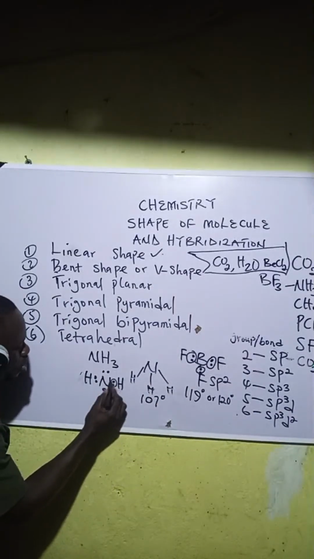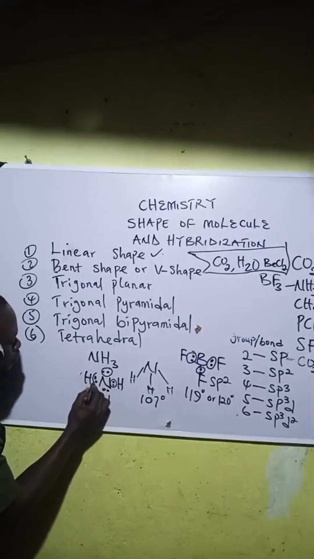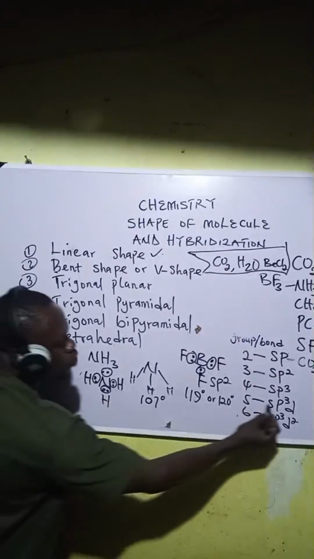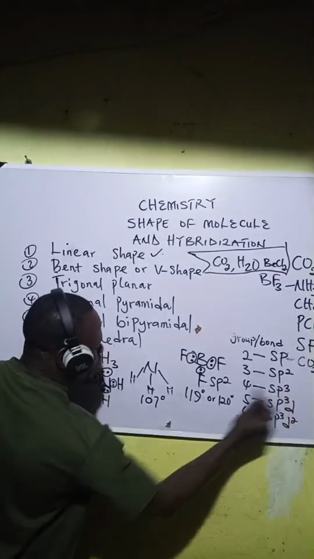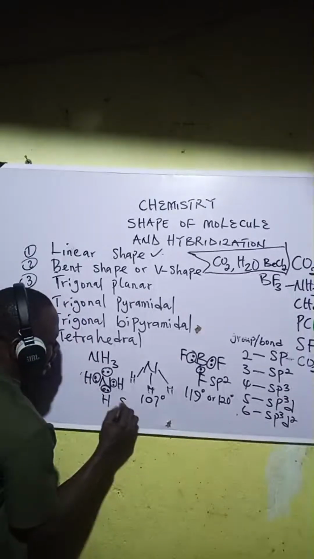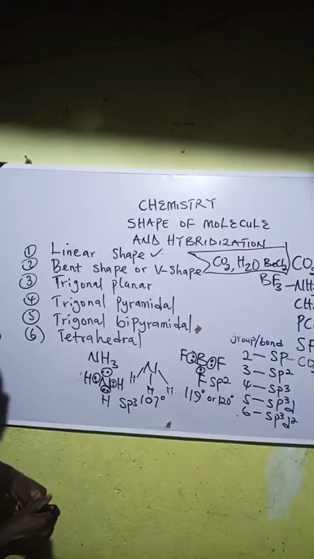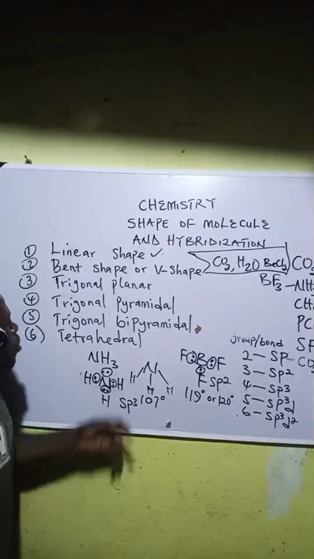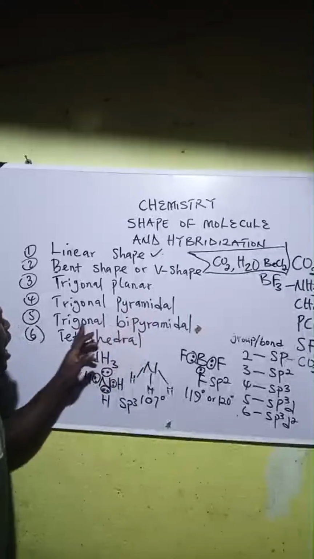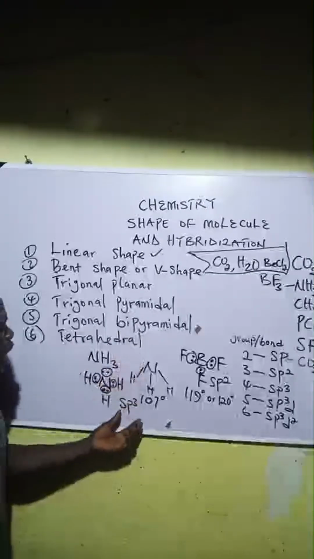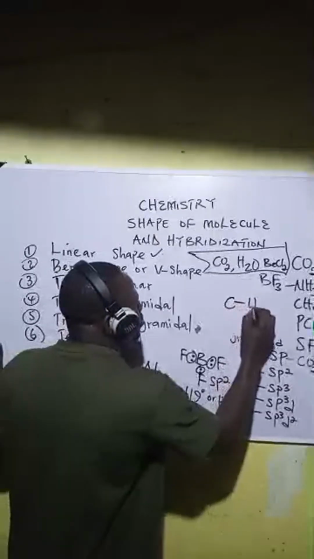We have 1, 2, 3, and 4. Four is sp3 hybridization. Both trigonal pyramidal and tetrahedral have sp3 hybridization. Example: methane.